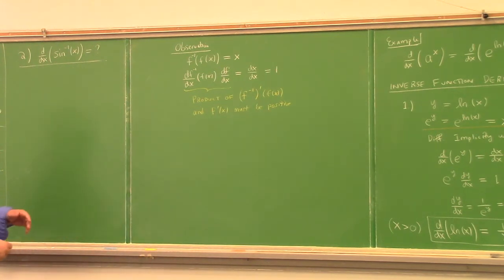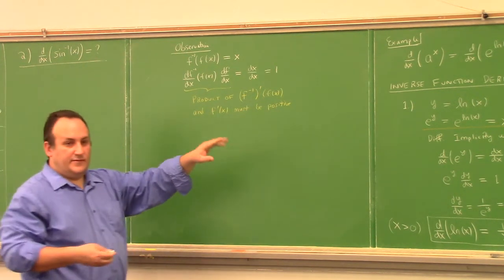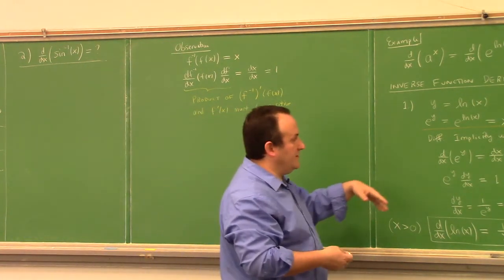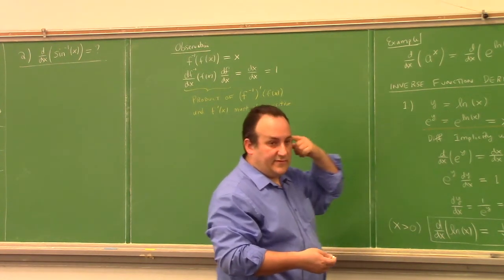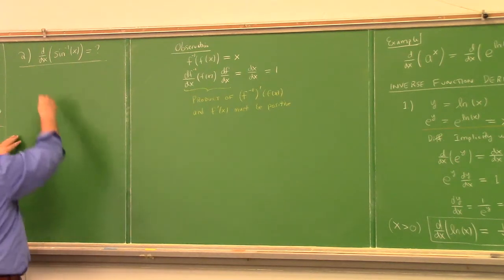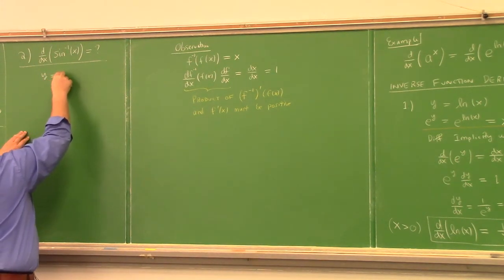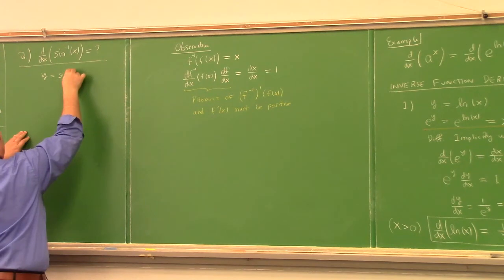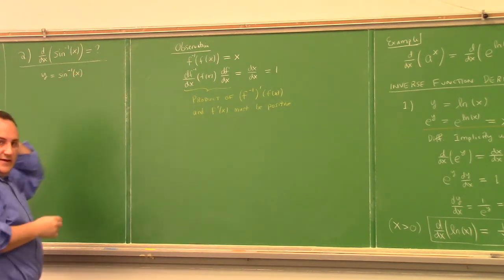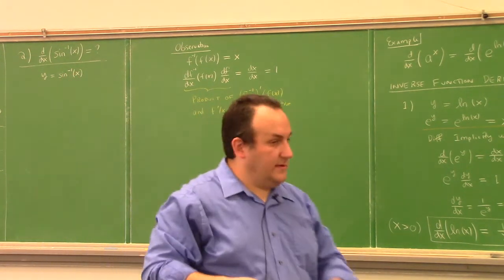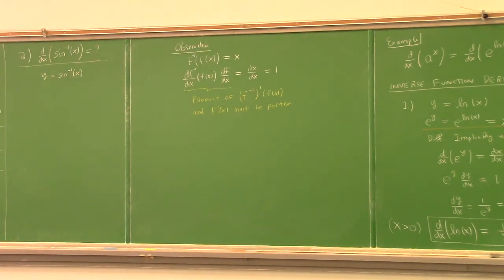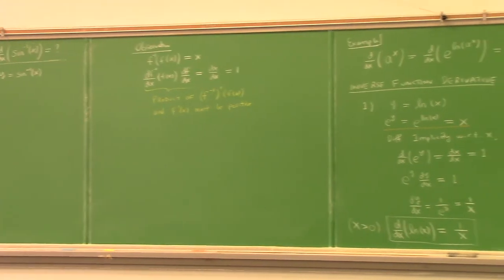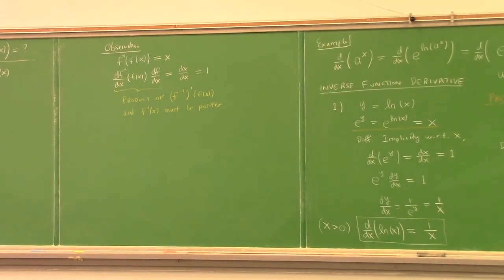Okay, so the way we're going to do number 2 is exactly the way we did number 1. There's an algorithm that we follow here. Step number 1 is to write y equals the thing we're interested in finding the derivative of. So in this one, y equals inverse sine of x. Then what's my next move? My next move in number 1 was to solve for x.